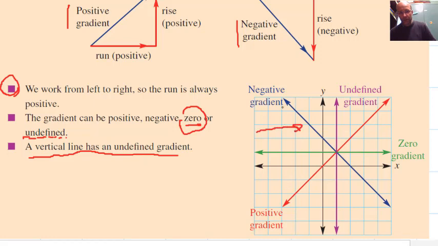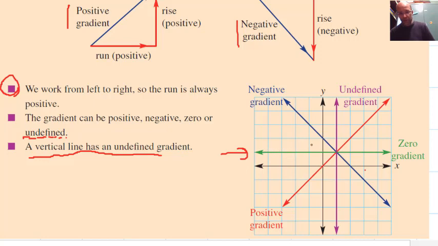This line here, as we look from left to right, has a negative gradient. It's falling as we look across. The other two, the horizontal line, you can see there in green. As we look from left to right, it's running, but there's no rise. The rise is 0.